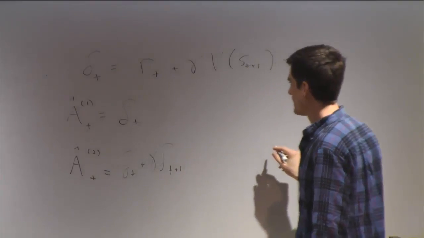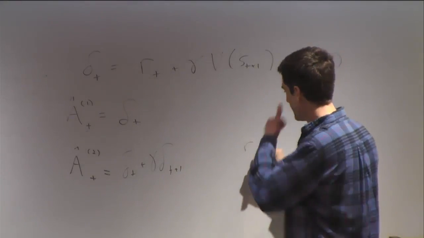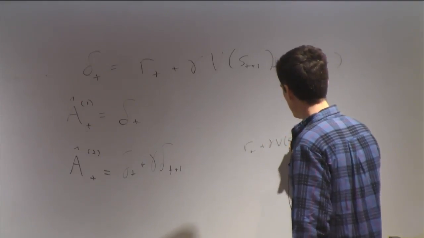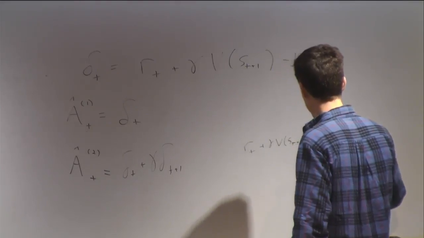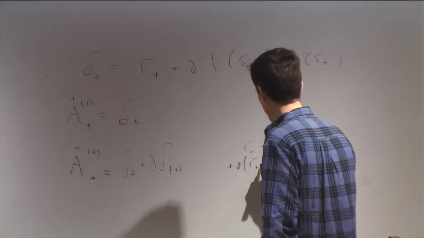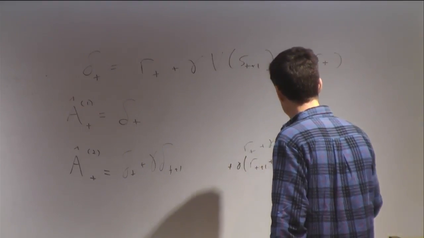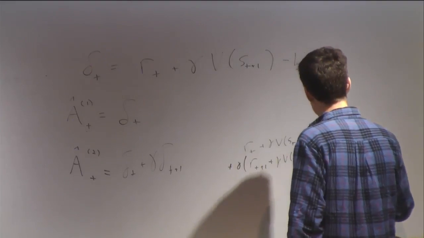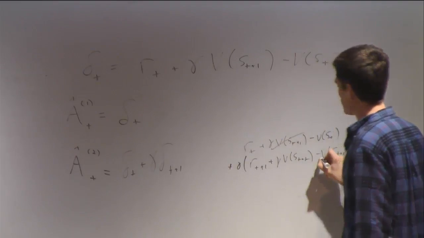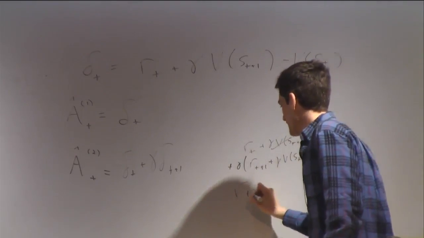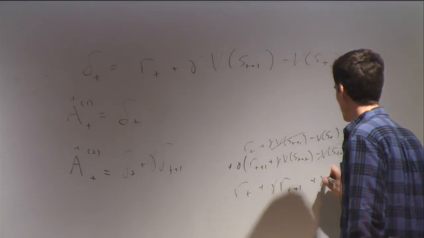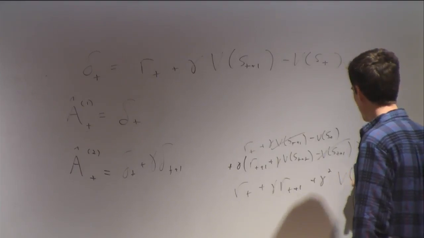And that's because you get a telescoping sum: you have reward t plus gamma times value t plus 1 minus value t, that's delta t, and then we add gamma times delta t plus 1. The V of s sub t plus 1 cancels out, so we're left with r t plus gamma r t plus 1 plus gamma squared V of s sub t plus 2.